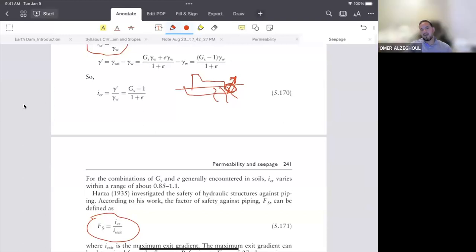So what is the best way of taking care of it? It depends case by case, but what is the best possible way to solve that problem? Reduce the head, release the water, release the pressure.